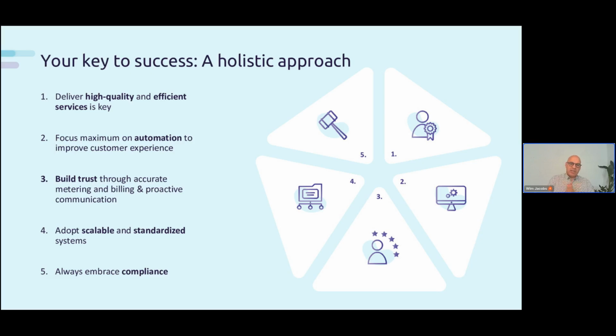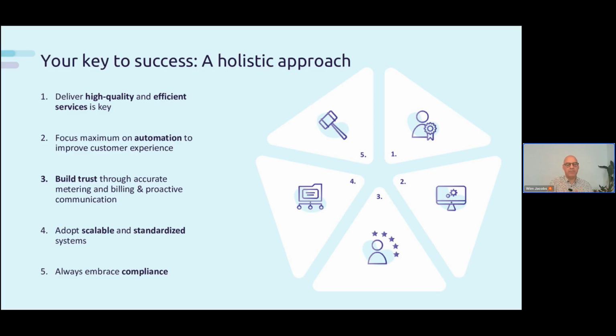What can be seen as a few keys to success, from a holistic approach? Delivering high quality, efficient services is very important. Focus maximum on automation so that you can improve your customer experience and keep your cost to serve low. Build trust through accurate metering. That's the beginning of it all.